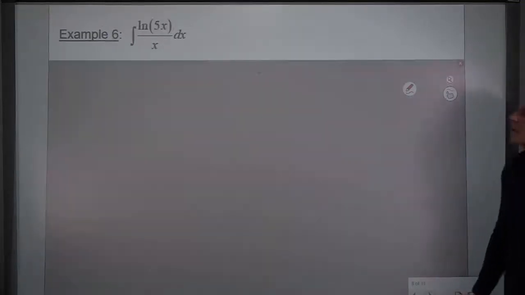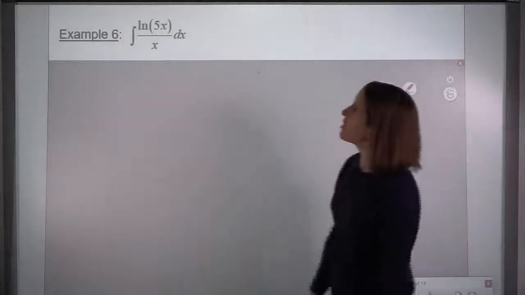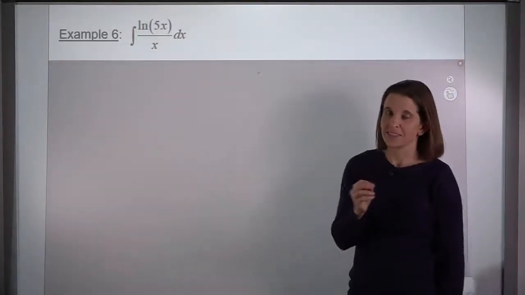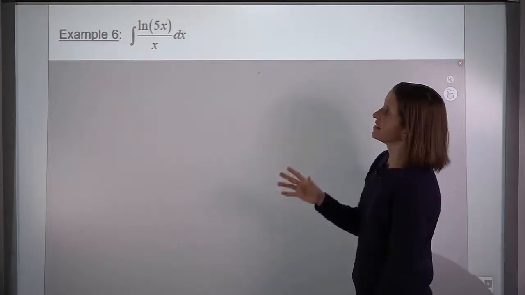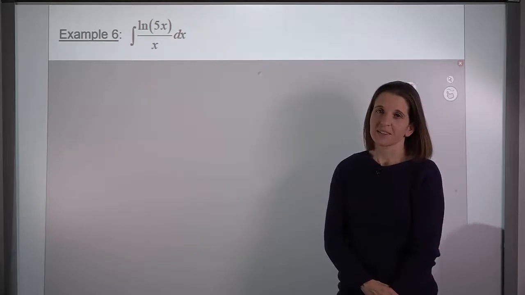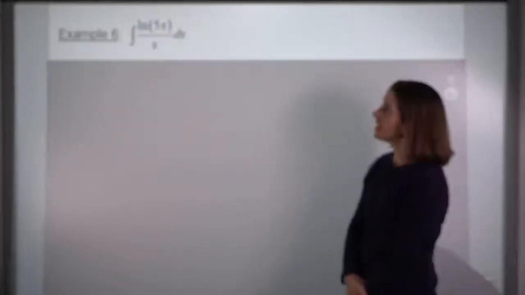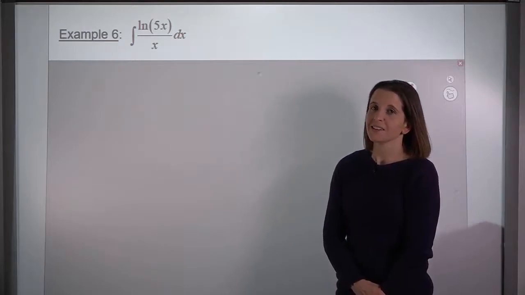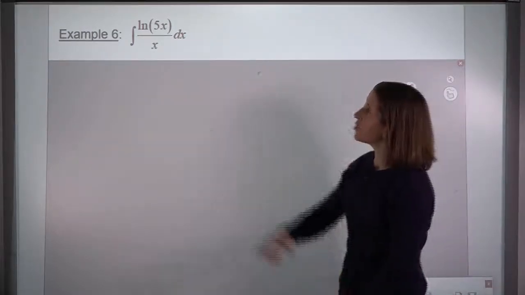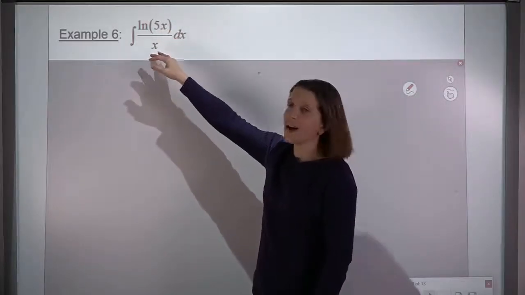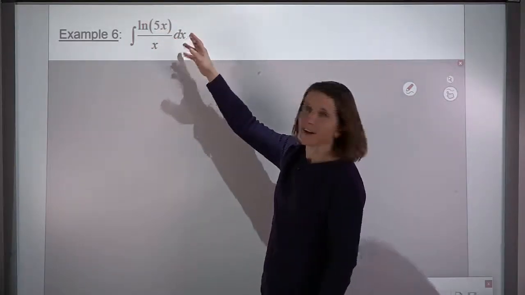Okay, so here's one more. Now, we've been talking about insides of parentheses, so there's a reason we're looking at this. If you chose u to be 5x because it's inside parentheses, okay, u is 5x, then du is 5. It doesn't help at all. What I would end up with is ln of u over x dx.